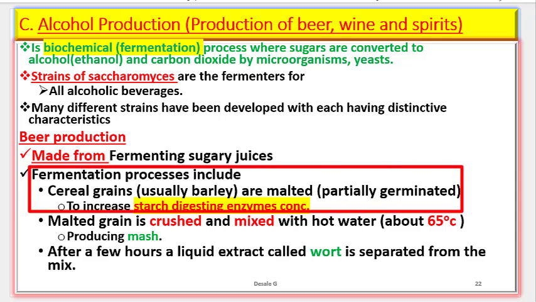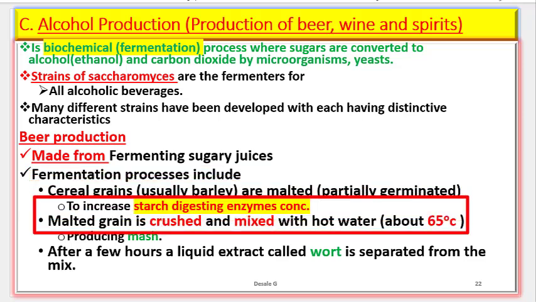Fermentation process in beer production includes malting cereal grains, usually barley. This malting process is so fundamental to increase the concentration of starch digesting enzymes.